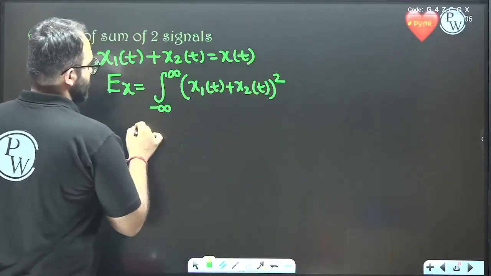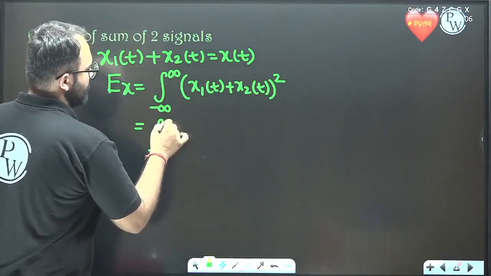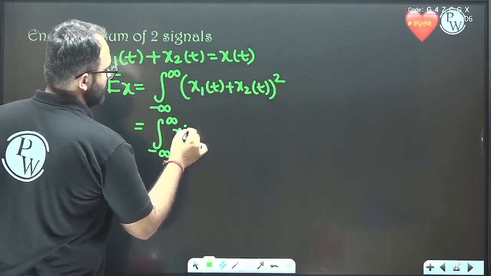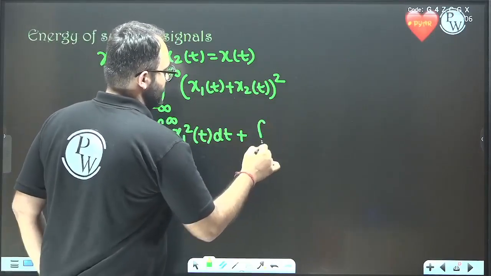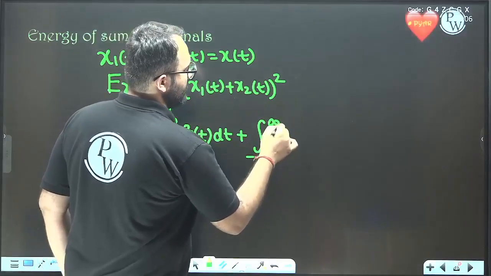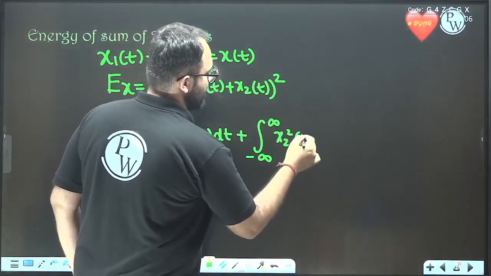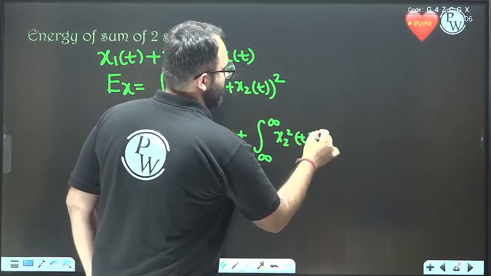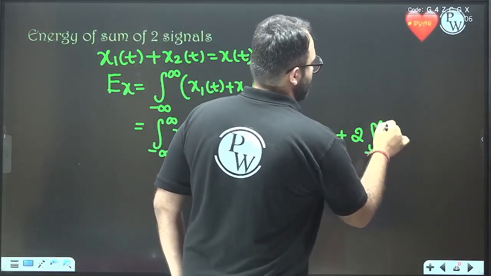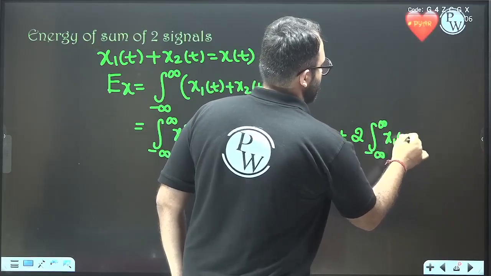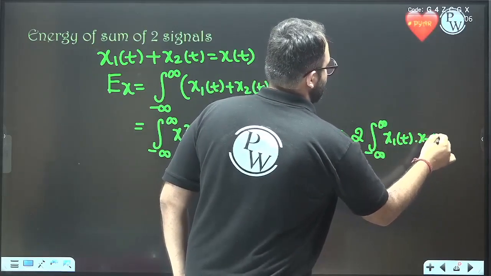So this integration will be the integral of x1 square t dt plus the integral of x2 square t dt, and the third term is 2 times the integral from minus infinity to infinity of x1(t) x2(t) dt.